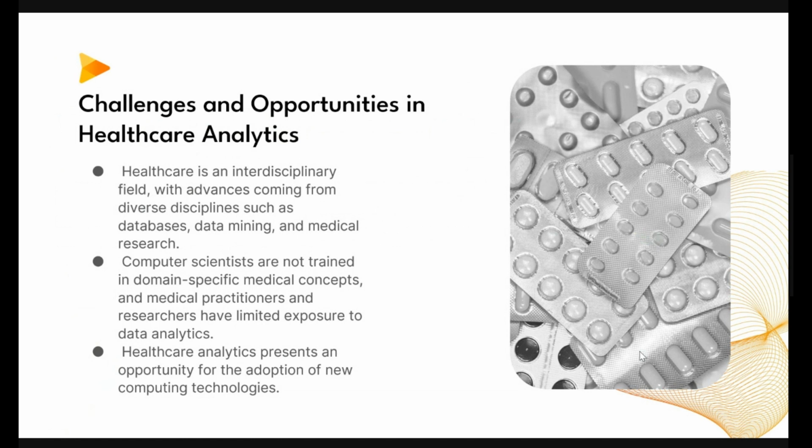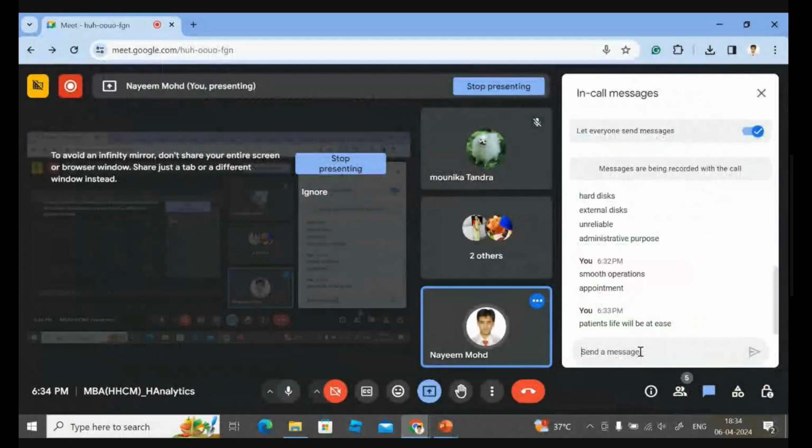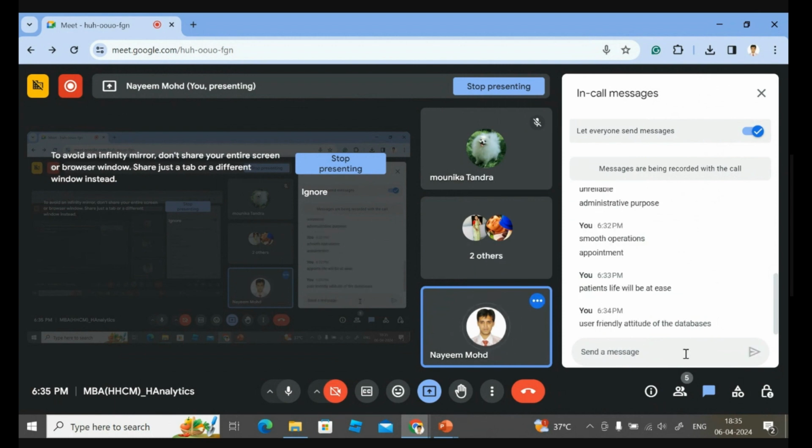It's very user friendly. One of the other things that I was trying to tell you for the last two classes was the user friendly attitude that you have of the databases. So it's no more a tough thing, and it's easy. Like, how do you use a cell phone? Do you find it really tough, difficult? And you said, no, no, it's so tough that we cannot really know about it.